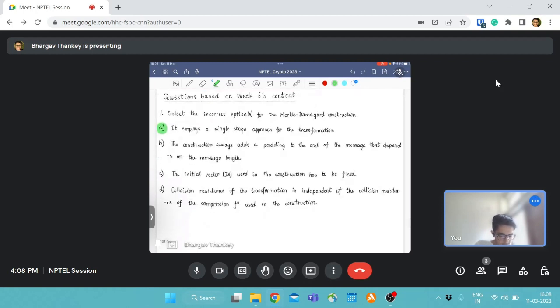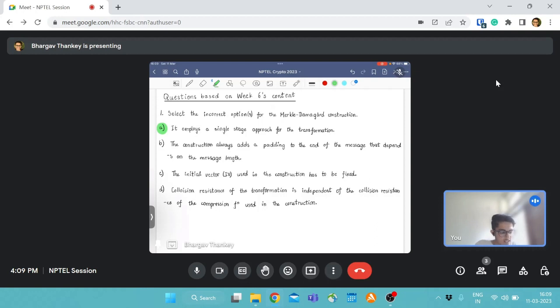About option B, the construction always adds a padding to the end of the message that depends on the message length. Well, this is true because if you recall, that construction takes a message X and divides it into blocks of length n. So let's say the length of the message is not divisible by n, then it would add some padding to the end of the message.